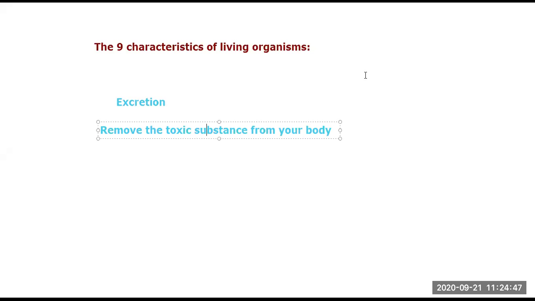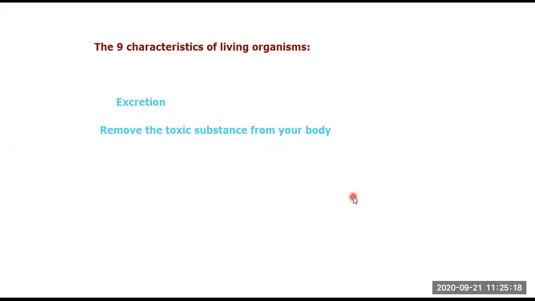So the next characteristic of living organisms is excretion. What is excretion? The process of removing toxic substances from your body is called excretion. Excretion can be solid waste, liquid waste, or even gaseous waste. Let me give an example of excretion in humans.